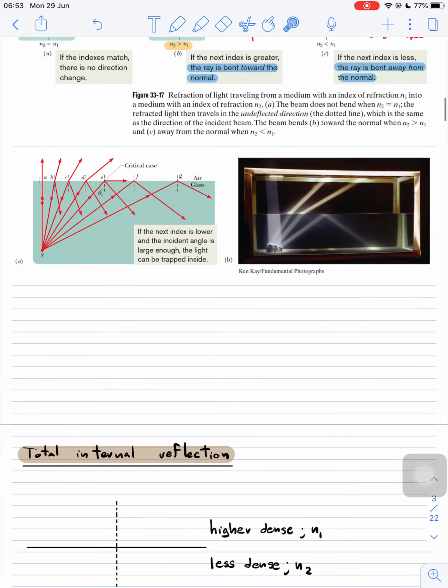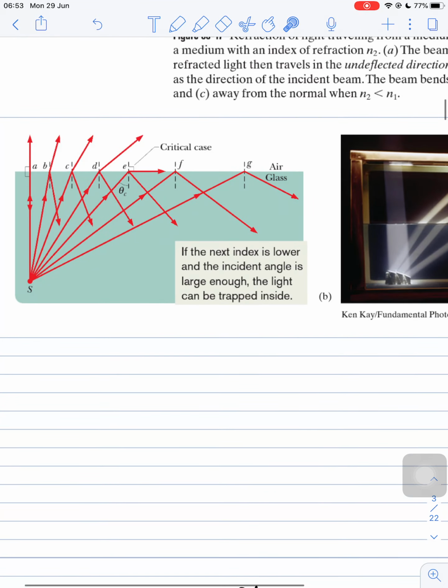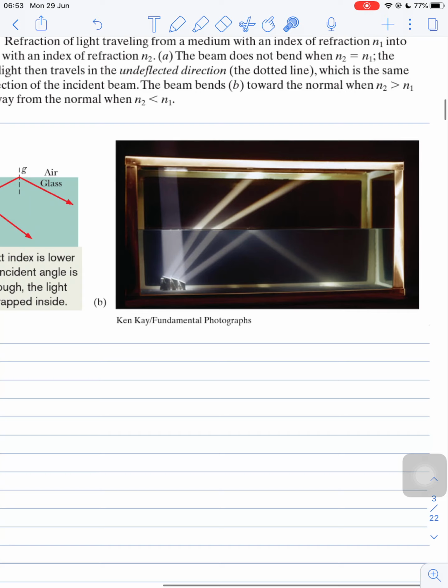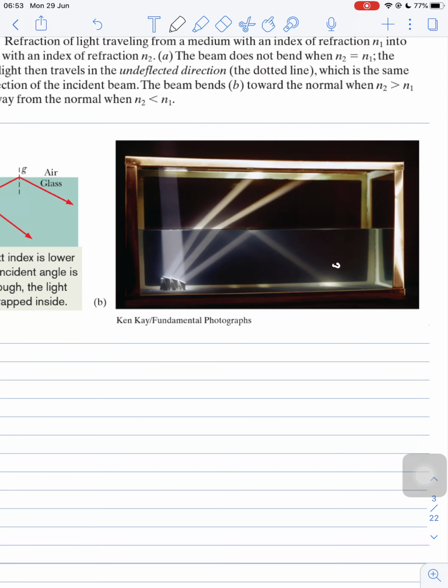Okay, so now let's consider this picture. We have the light source here. The light source is inside, let's say, water, and this is going to be the air.